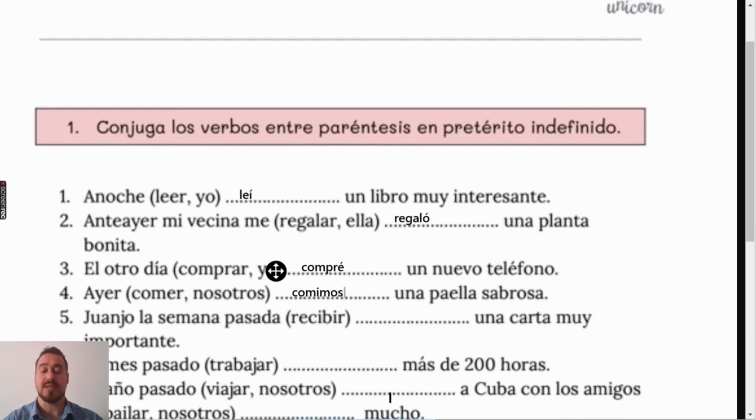So yesterday we ate a very delicious paella. And this one, Juanjo, la semana pasada, last week, recibió una carta muy importante. So Juanjo, last week, received a very important letter.